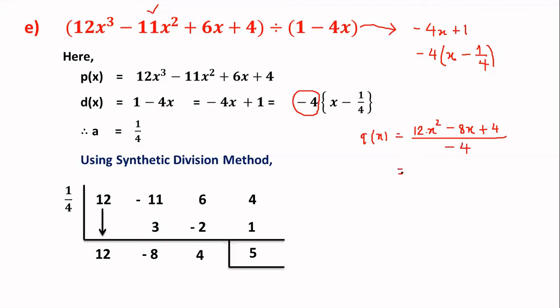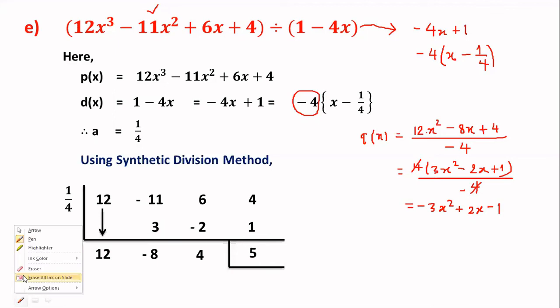Now, for further simplification, if we take 4 common from the numerator, the remaining value will be 3x squared minus 2x plus 1, and on the denominator there is minus 4 already, so that 4 and 4 can be cancelled, the minus goes up and it simplifies to minus 3x squared plus 2x minus 1. So this will be the actual value of our quotient, whereas the remainder value will be simply 5.